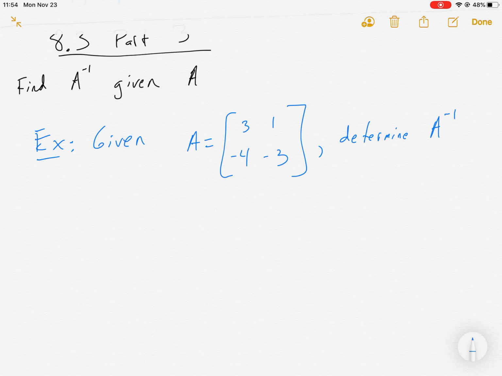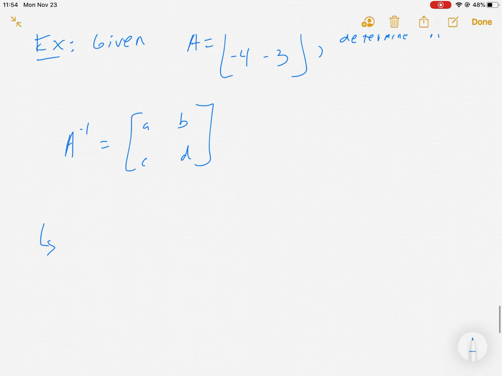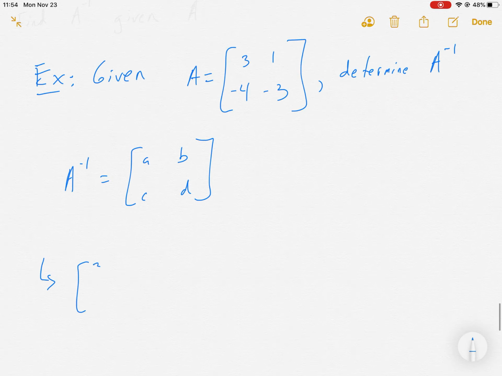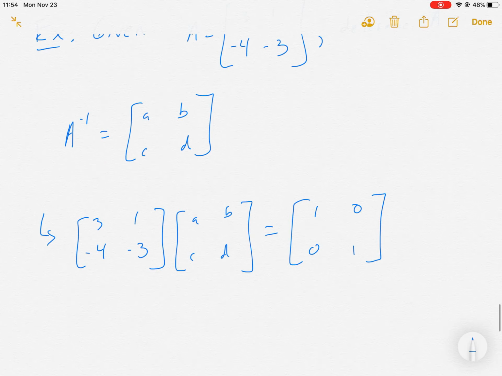So you would say, well, let's just say A inverse has the form A, B, C, D. And then you might say, well, let's take A, which is 3, 1, -4, -3, and multiply it by A inverse. And this should give me the 2 by 2 identity matrix.